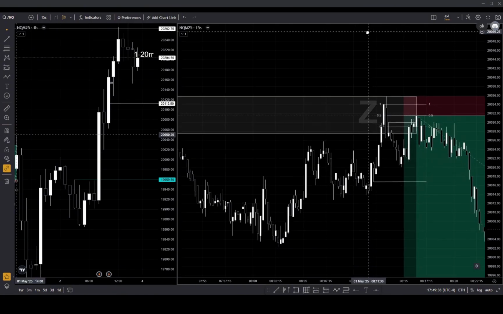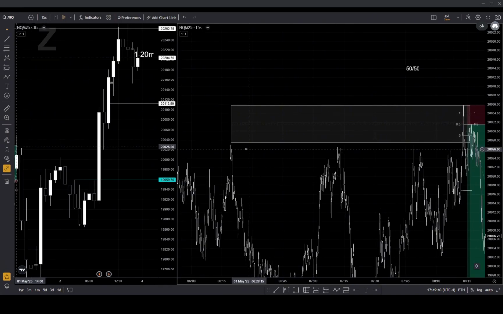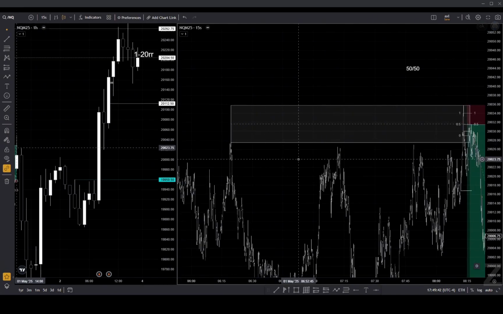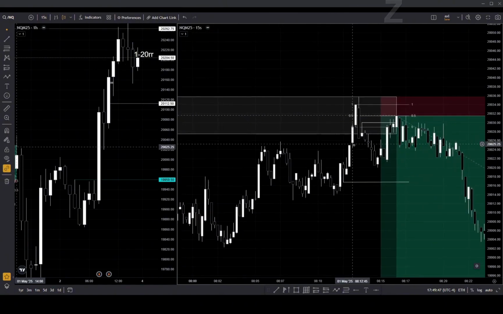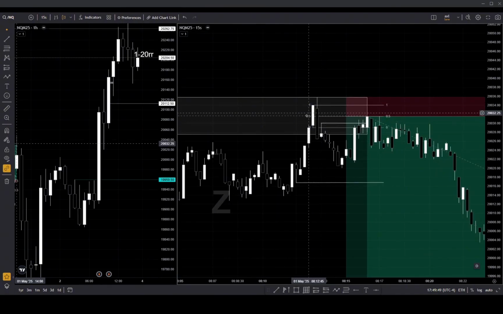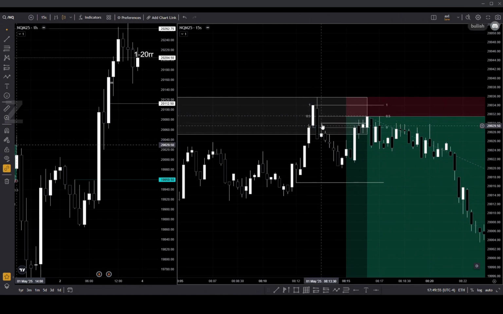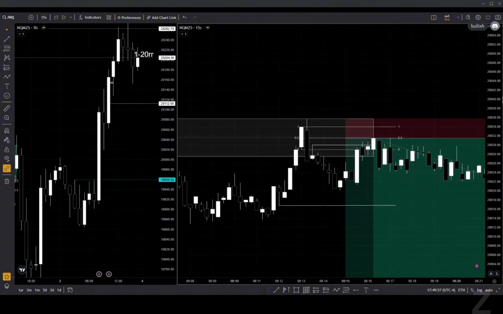So right now we have, like I told you, liquidity above this high. By the way, we have a reaction right here. So what do we have right here? What is this candle? Oh yeah, that's bullish.